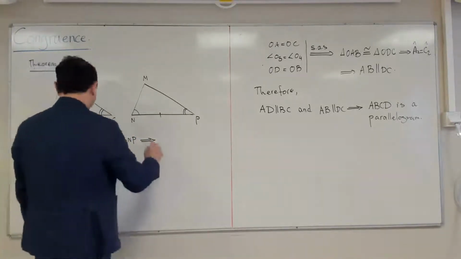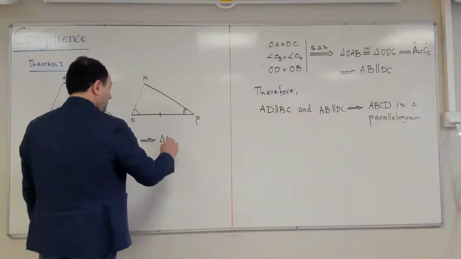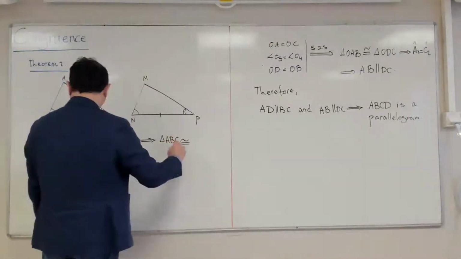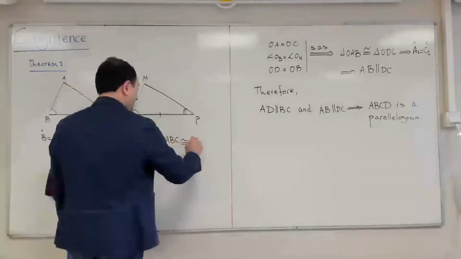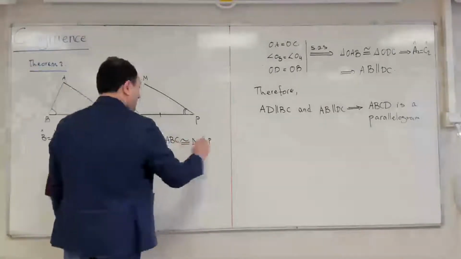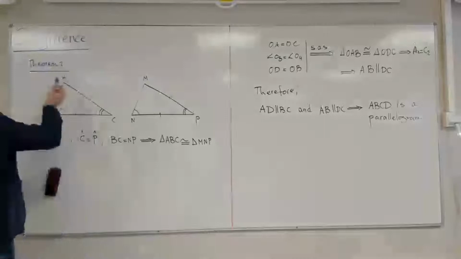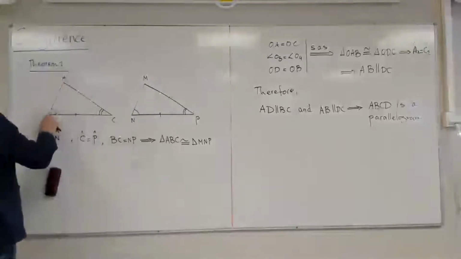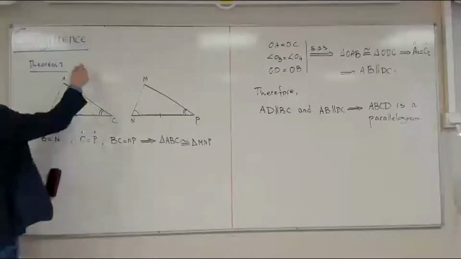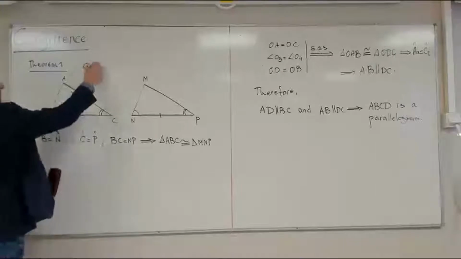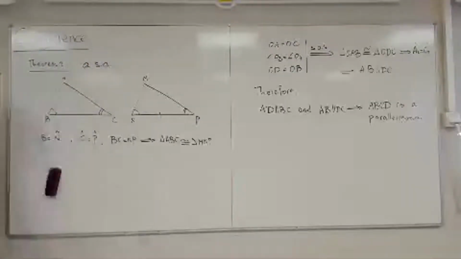Immediately, I can conclude that triangle ABC is congruent to triangle MNP. And what do you think would be the abbreviation for that? Angle side angle. Yes, so you need to write it in that way.